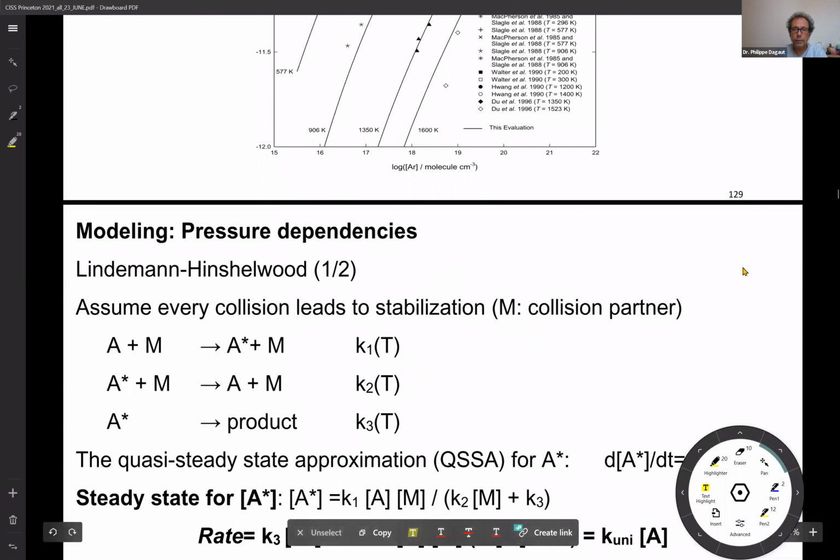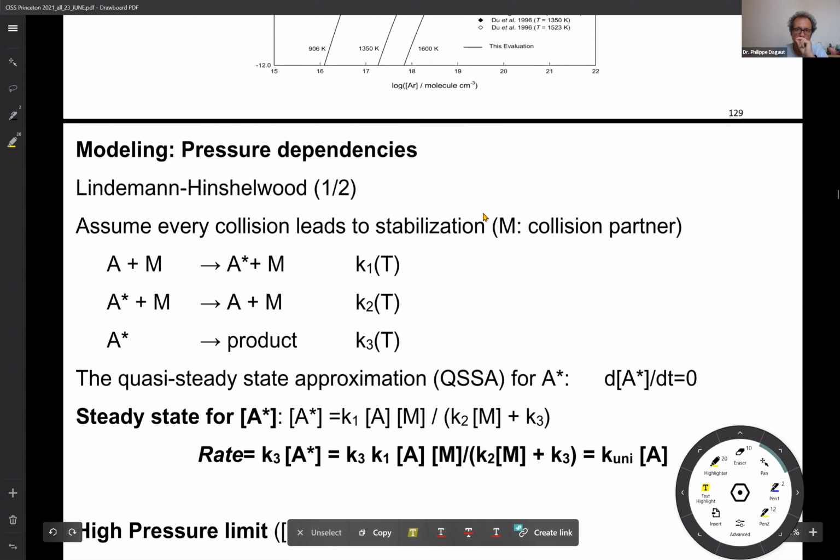So the first simple formalism is that of Lindemann and Hinshelwood. We assume every collision leads to stabilization. Here M is the collision partner. So the first reaction is A plus M, giving an intermediate excited A star.